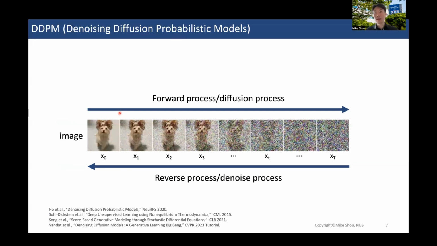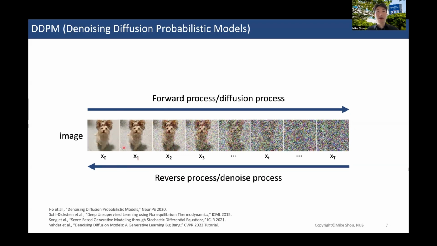Perhaps you have heard of DDPM, denoising diffusion probabilistic models. That's one of the most famous diffusion models. The process essentially consists of a forward pass, which is also the diffusion process, and then the reverse process, which is the denoise process.